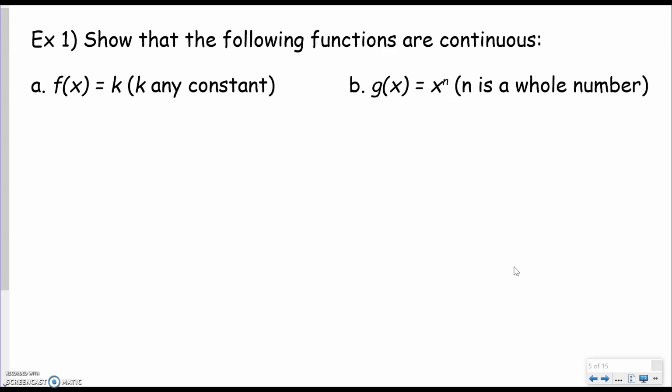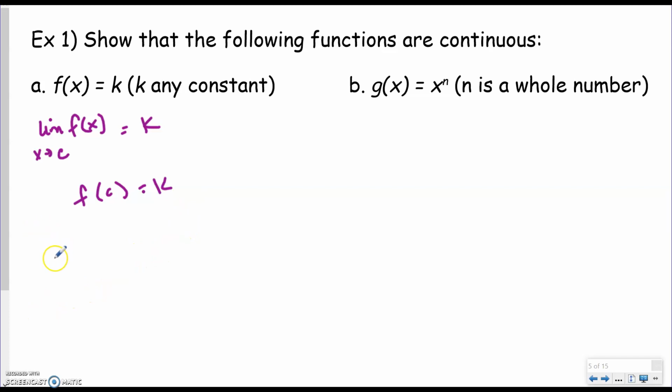So for the first example, we are going to show that a limit is continuous. And we learned already that the limit of a constant, which is k, as x approaches any number, is going to be k. If I plug a value in, I should also get k.